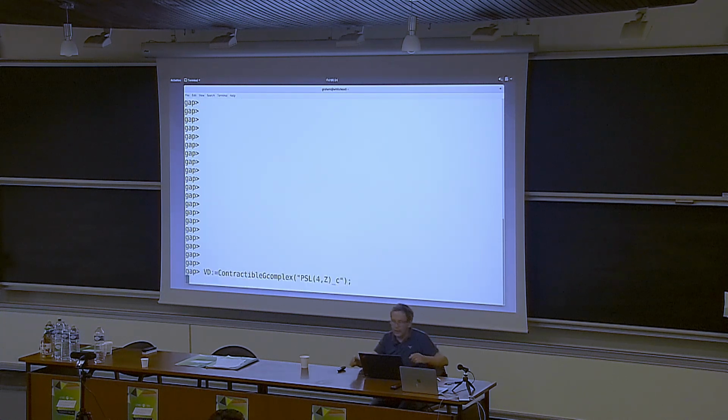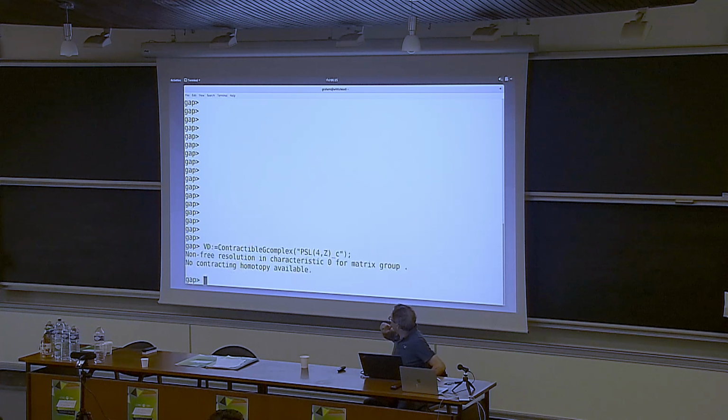This is going to take 28 seconds, which is embarrassing, but the most embarrassing feature is that there's no computation going on at all here. What I'm doing is I've taken data from Mathieu Dutour, who traveled with it in an airplane to Galway, put it on my computer, and I'm now loading it into GAP and decompressing. So it's doing nothing. One of the things that I would like to do is have a function in C or something which is read from GAP, which does this computation live.